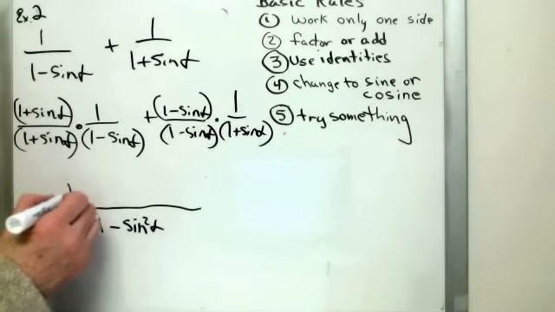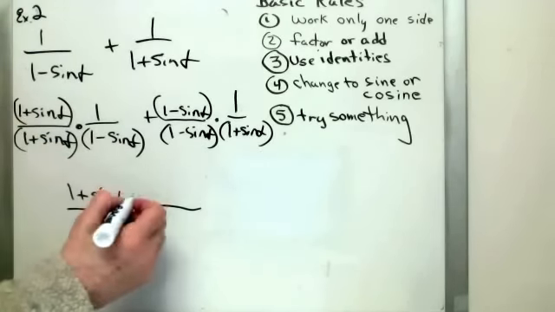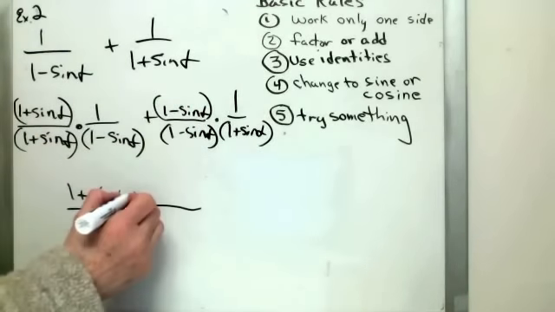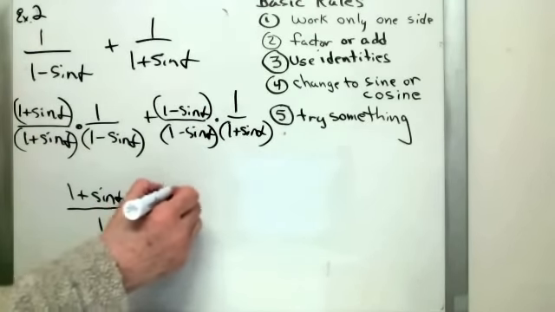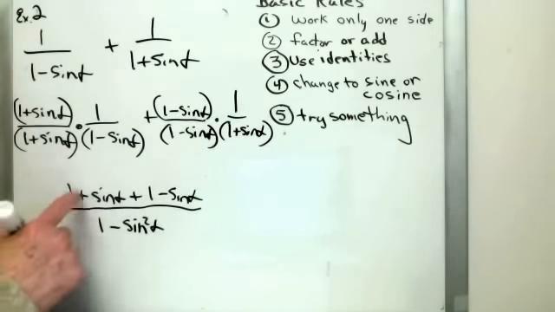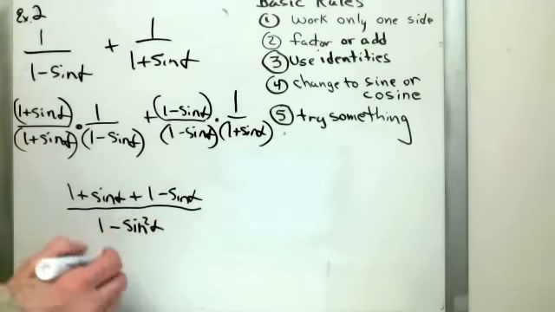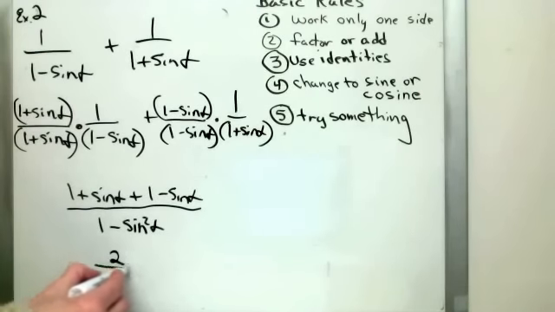And on the top, I have 1 plus sine alpha times 1, which is 1 plus sine alpha, times this by 1, and I get 1 minus sine alpha. Now I'm going to combine like terms. The 1 and the 1 is going to be a 2, plus sine alpha minus sine alpha. That's going to disappear. So now I have 2 over 1 minus sine squared alpha.